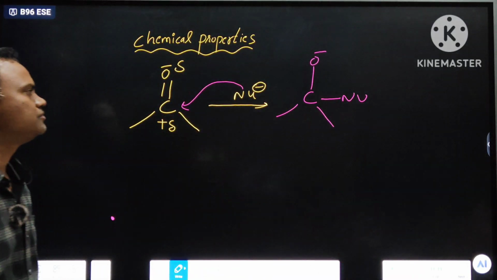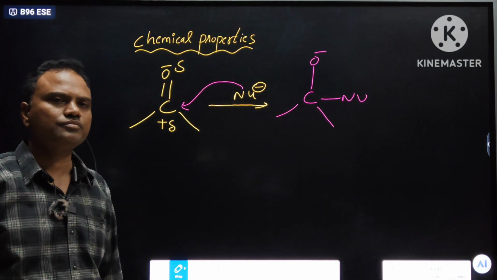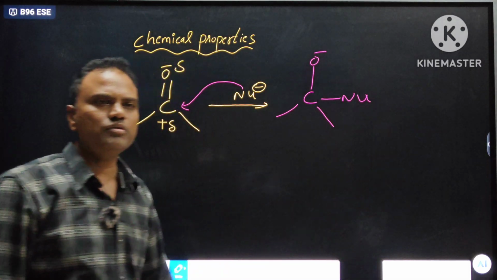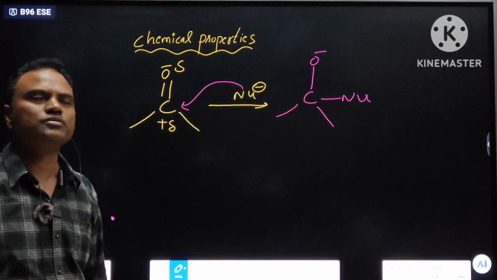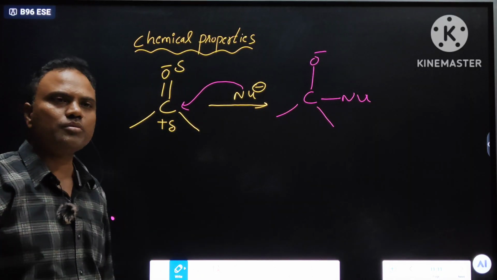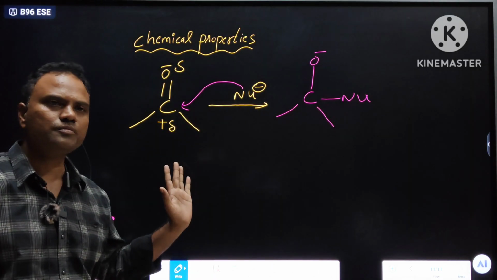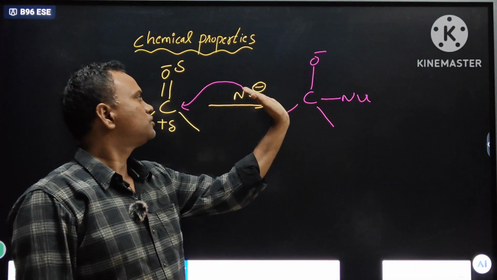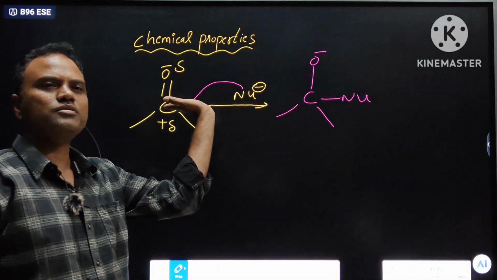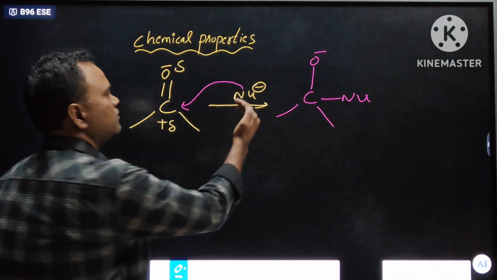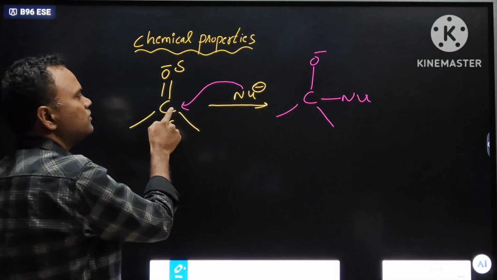Nucleophilic addition takes place because the carbonyl carbon is having a positive charge. So the nucleophile adds to that carbonyl carbon. And what about this oxygen? Whenever we attach the nucleophile, the carbon would get 5 bonds.